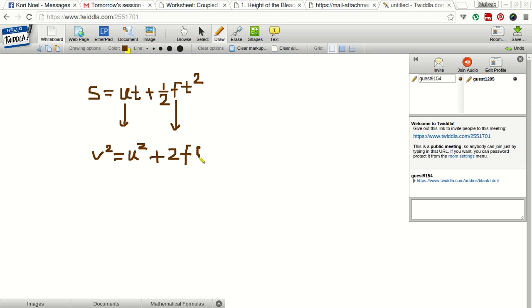Now we'll see which one is more useful. What we know is the final velocity is 80 kilometers per hour, some number for the final velocity. We know that, correct?